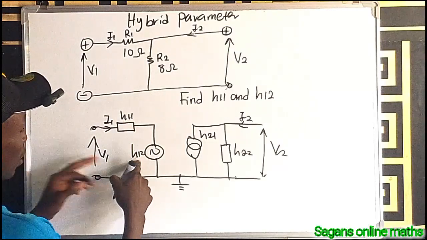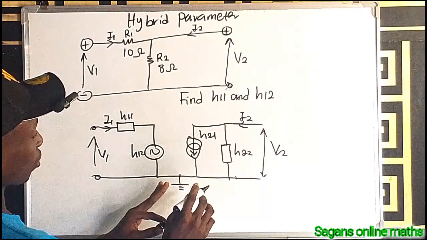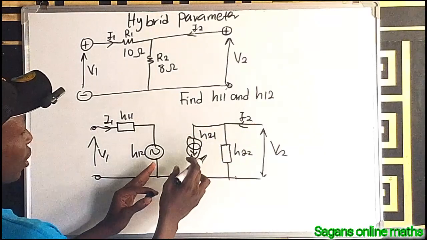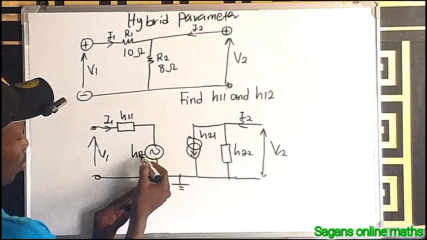Here is our V2. Now observe something carefully. What is flowing here is I2. Here I have h₁₂.